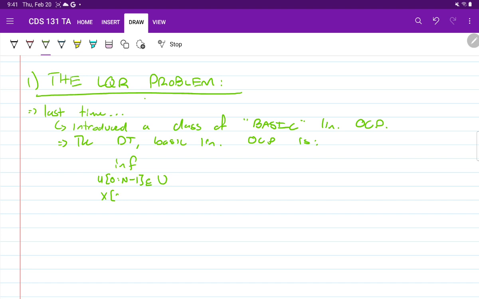We're also going to be optimizing over a sequence of states going from 0 up until n. It's a subset of R^n. We're going to try to minimize the cost function g_n of x_n, where g_n is just some function of the state, plus this cost that gets accumulated from 0 up until time n minus 1, right? So we go from k equals 0 up until time n minus 1. So this is g of x(k), u(k), k.